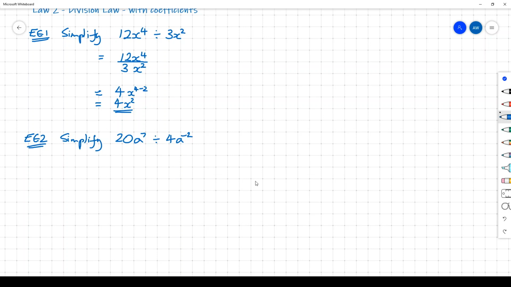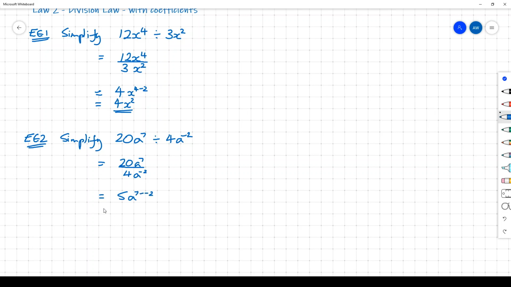Okay, so the first step that I'm going to do is rewrite it as a fraction, 20a to the power 7 all over 4a to the minus 2, and that groups my coefficients together and groups my powers together. So 20 divided by 4 is 5. A to the power 7 divided by a to the minus 2 is a to the 7 subtract minus 2.